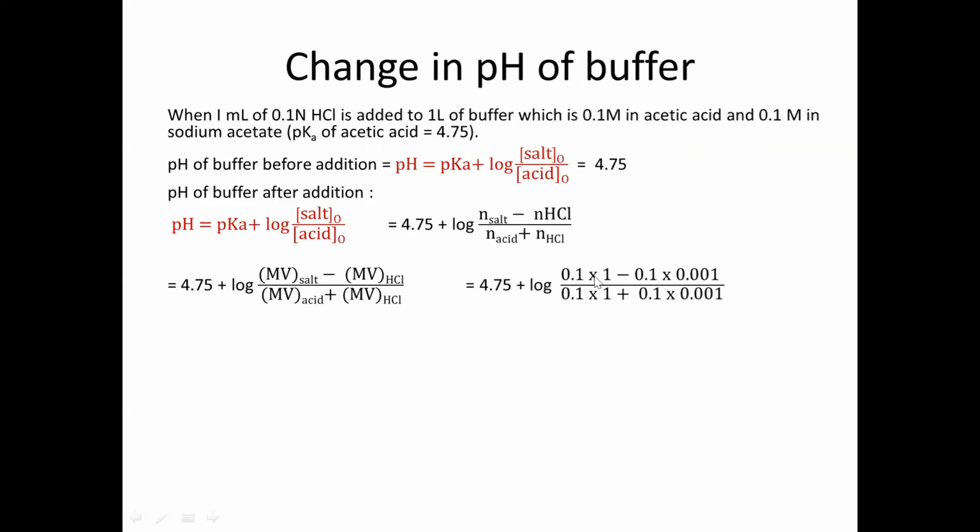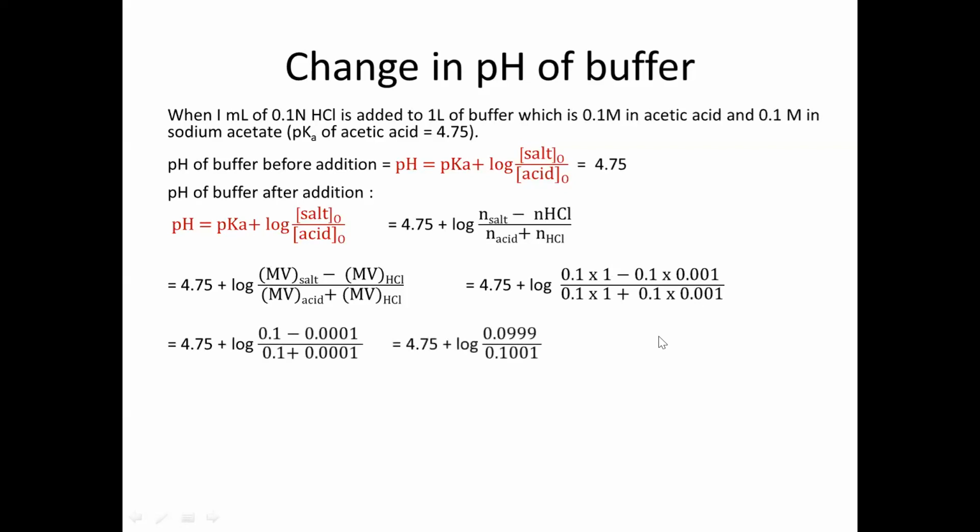So 0.1 into 1 is the number of moles of salt present in 1 liter. And the amount of acid that we have added is 0.1 into 1 ml. 1 ml can be written as 0.001 liters. So these are the moles of HCl added, which is subtracted from the initial amount of the salt, and the same amount has been added to the initial amount of the acid.